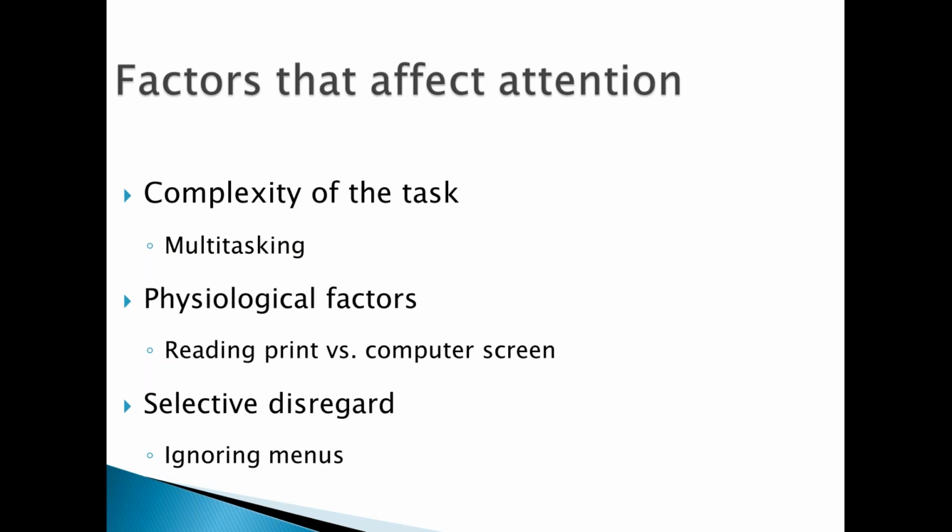And they're having to remember, okay, I came to this site for this reason, now I'm being distracted. So basically it's distractions. There's a physiological factor as well. So reading print versus the computer screen also plays a huge factor that affects attention. And also selective disregard, so ignoring windows, ignoring ads, things of that nature.